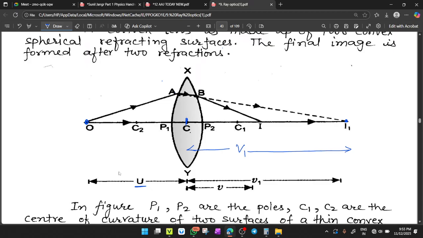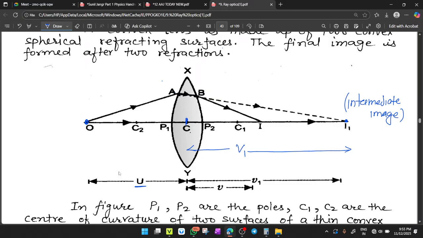I1 is what? Intermediate image. Make a bracket there and name it: this is the intermediate image made by the left part of the lens.